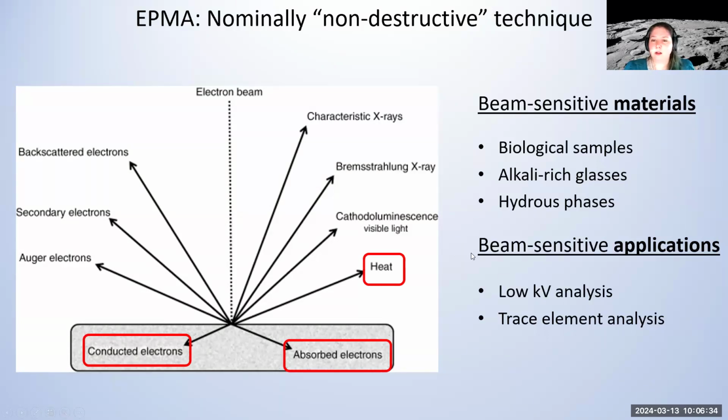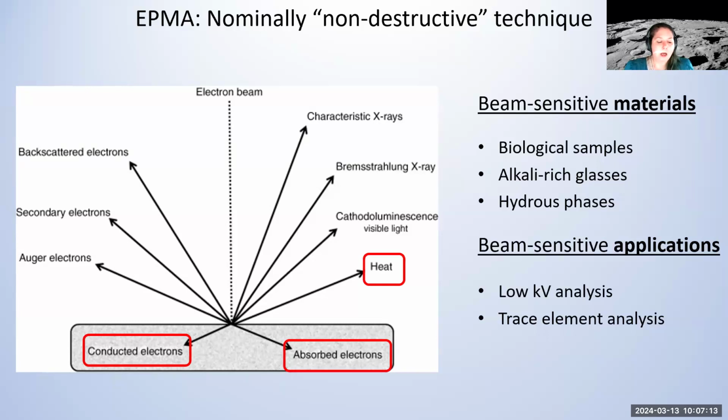And then in addition, we have beam-sensitive applications, I would say, where materials that maybe at regular analytical conditions might just be fine, but where the specifics of the analytical conditions that we need to apply can then start to become a problem. One example is low kV analysis, where we drop the accelerating voltage to reduce the analytical volume in our sample, with the side effect that now we produce heat, we really have a very dense electron distribution in a small material.